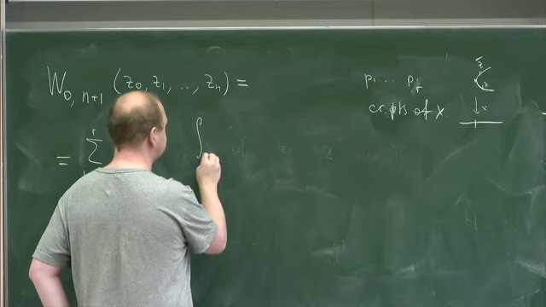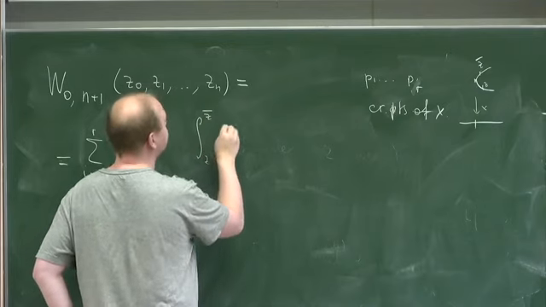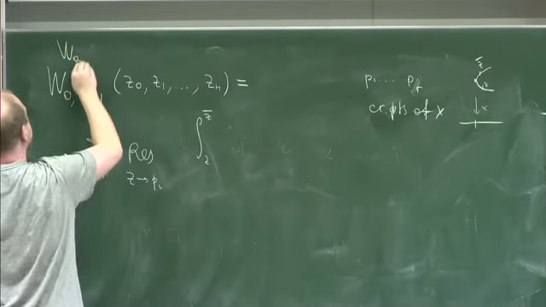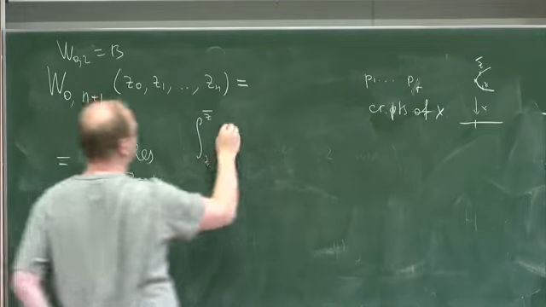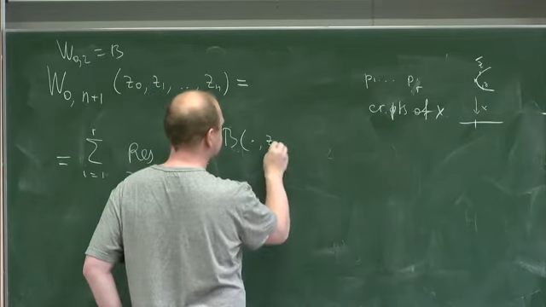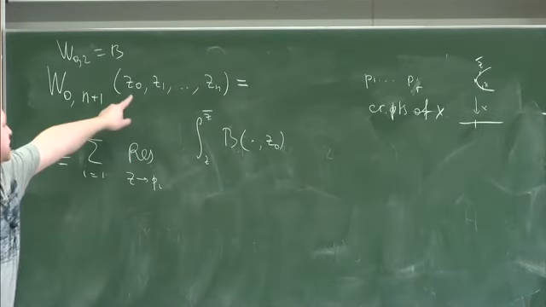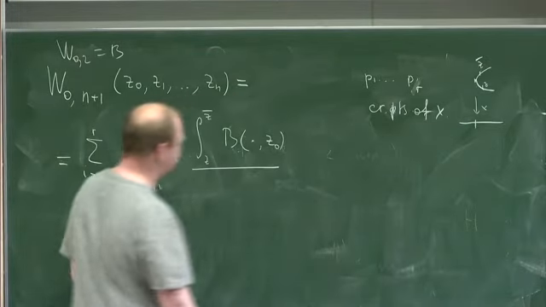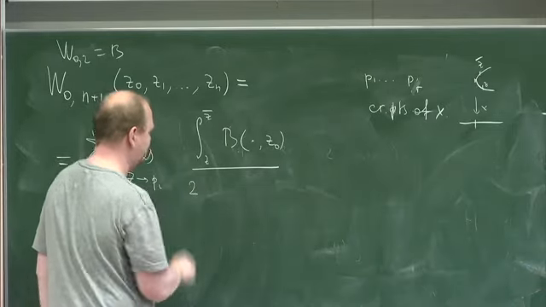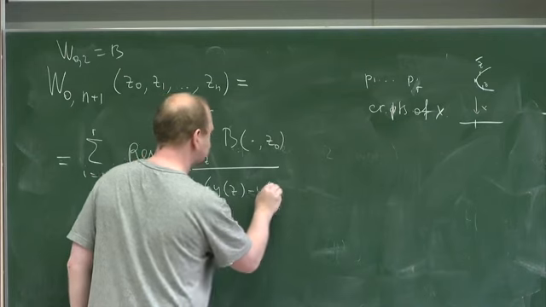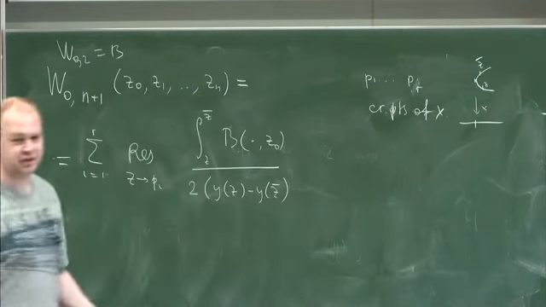The integral from z to z bar of B, which is W_{0,2}, so I integrate with respect to the first variable, and the second is z_0, which is one more gadget that I have here, divided by some constant, maybe 2, then y(z) minus y(z bar). If you remember, y is an extra function.